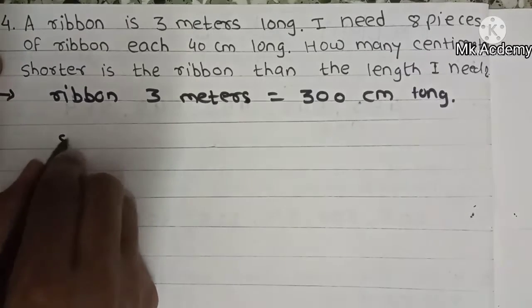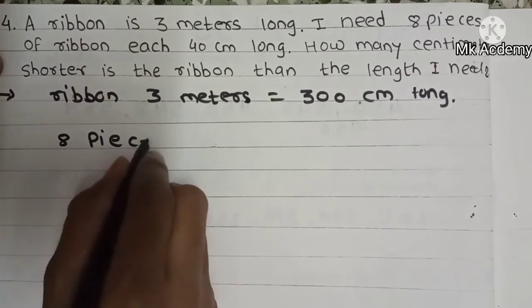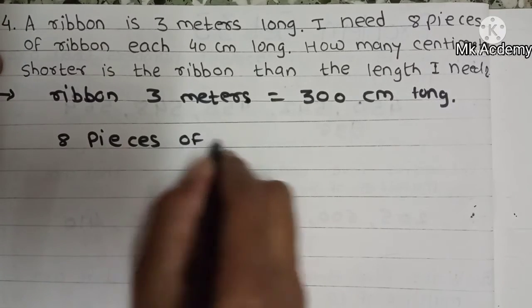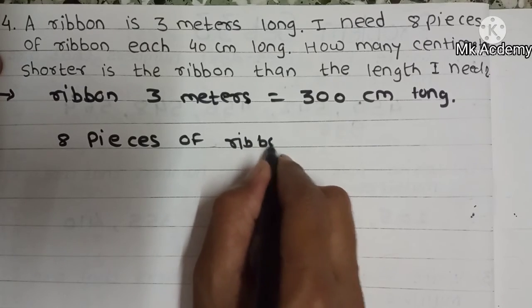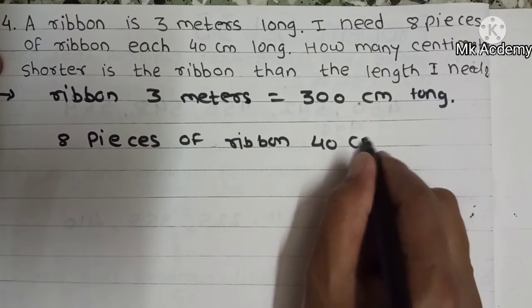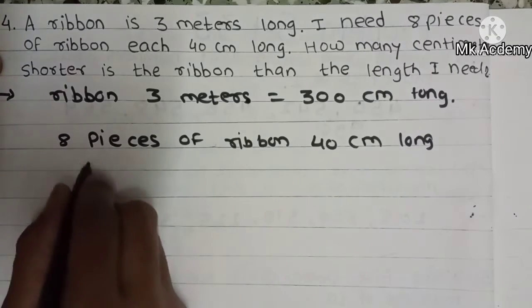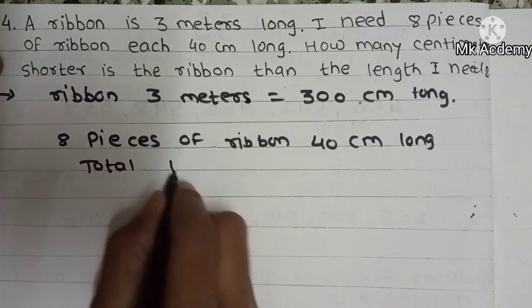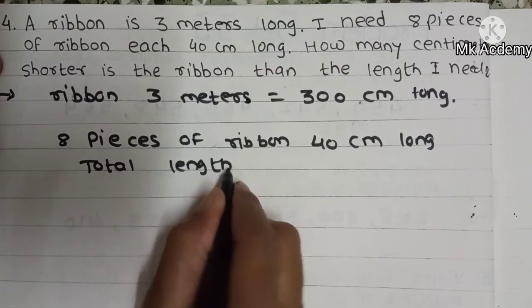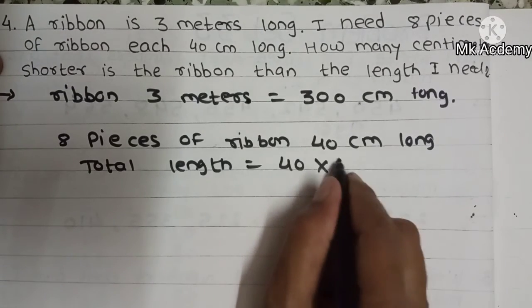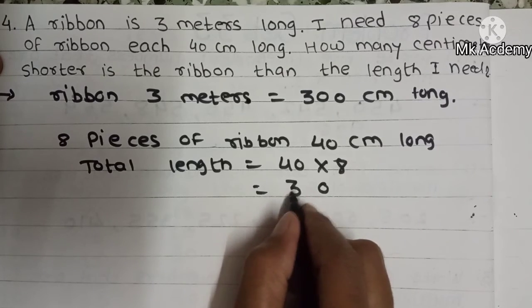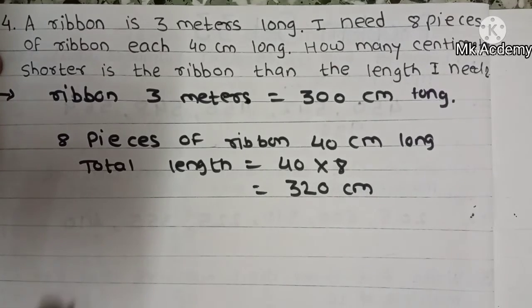8 pieces of ribbon, and 40 centimeters long means the total length is 40 times 8, which is equal to 320 centimeters.